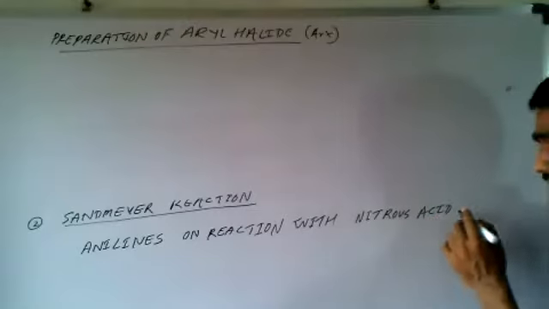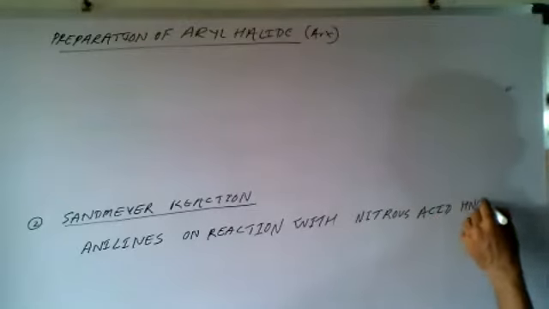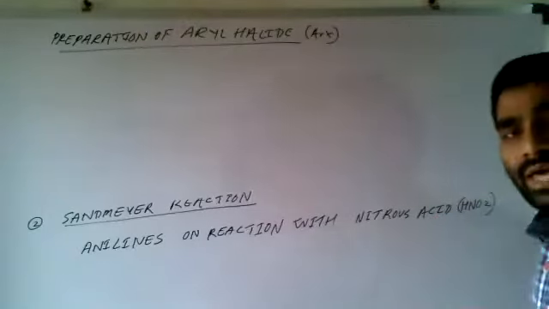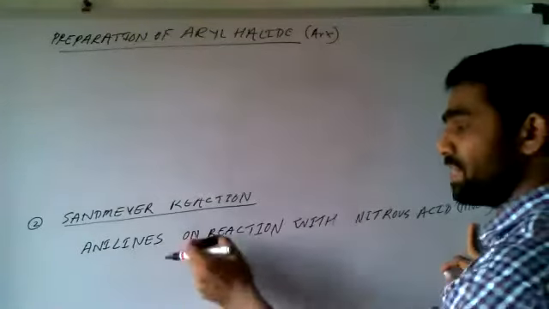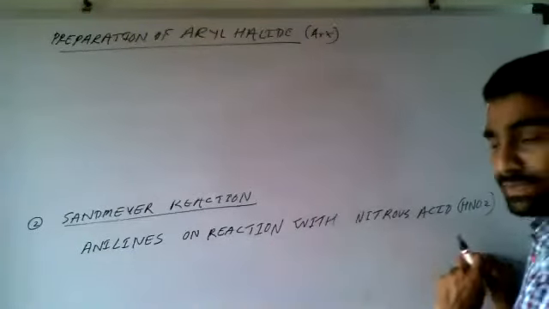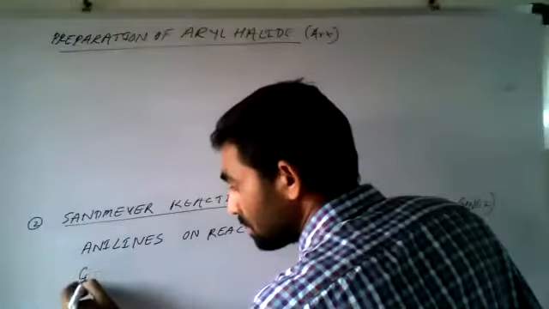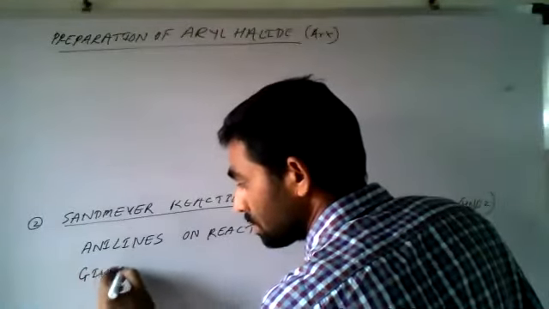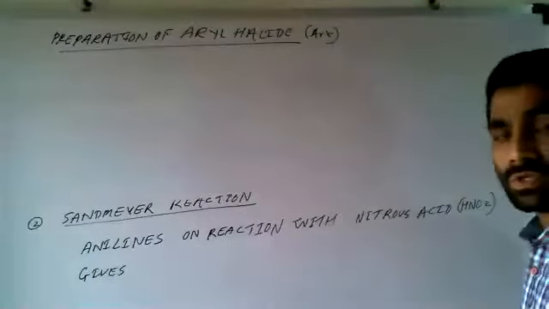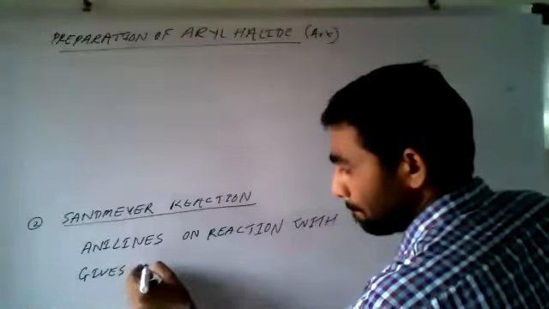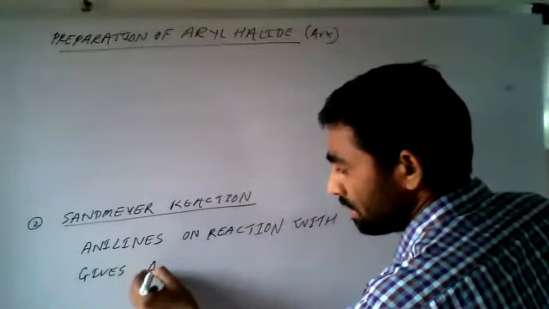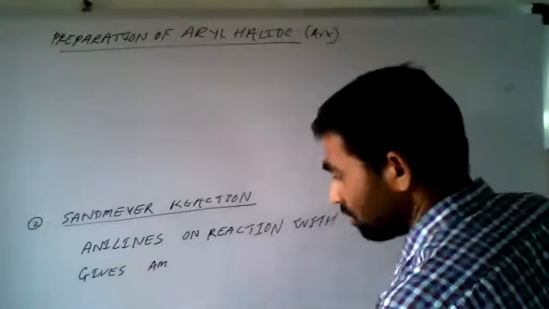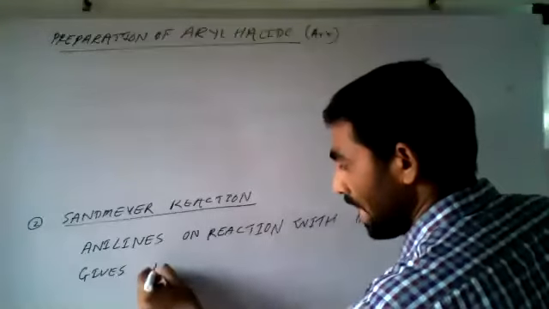What is nitrous acid? HNO2. And what is HNO3? It is nitric acid, right? So aniline on reaction with nitrous acid gives a diazonium salt.